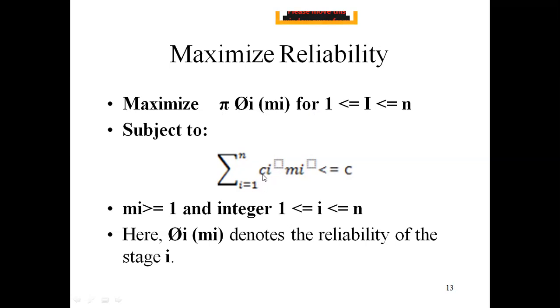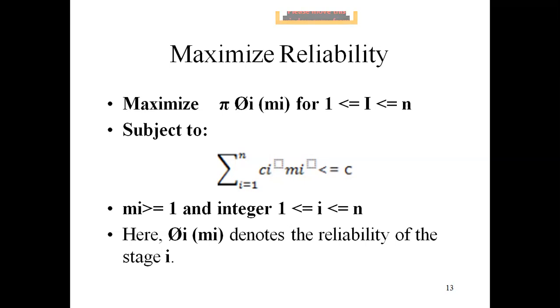Ci means the cost of that particular single device. Mi means the number of devices. Suppose, for example, D1 is a device of type 1. What is the cost of D1? That is C1. How many D1s are needed? That is M1.